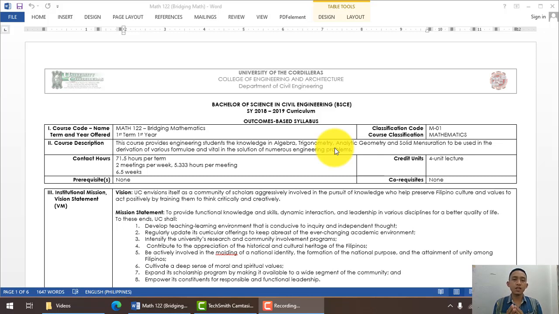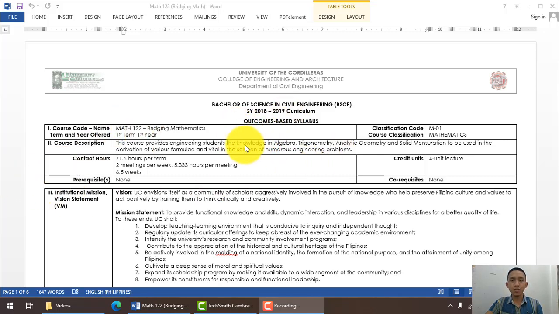You will need to derive formulas, you will be playing with equations, and you will be dealing with figures, triangles, and so on and so forth. That's why it is very important for you to know the topics of these subjects: algebra, trigonometry, analytic geometry, and solid mensuration. Okay, so that is your course description.